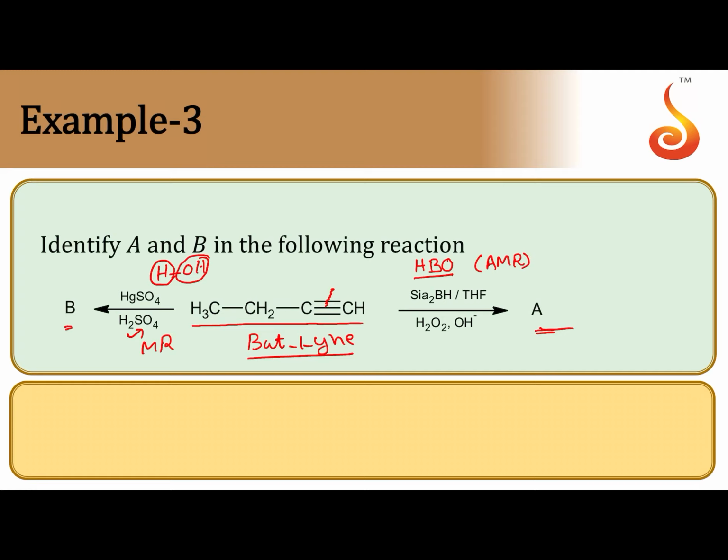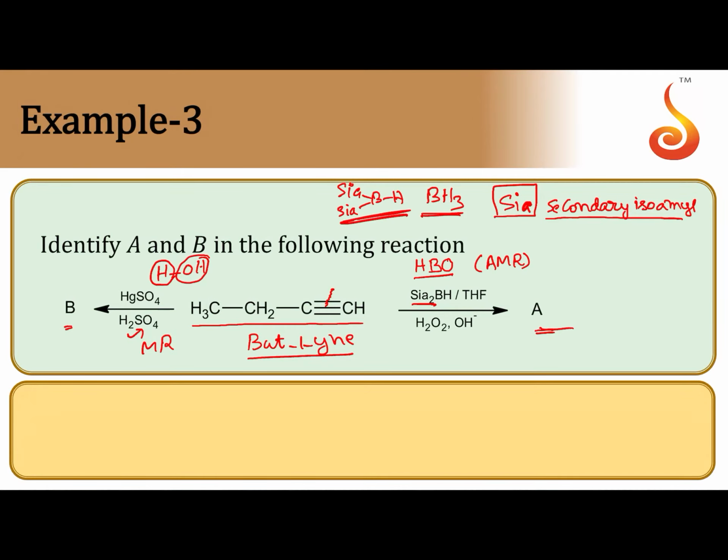In Cy2BH, Sia stands for secondary isoamyl. To avoid the complexity, instead of BH3, scientists started taking Sia2BH.